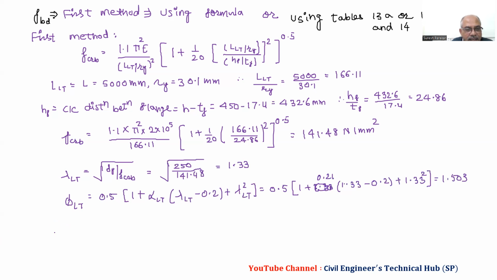Knowing phi LT, we can find XLT, and XLT we have 1 upon phi LT plus phi square LT minus lambda square LT to the power 0.5.